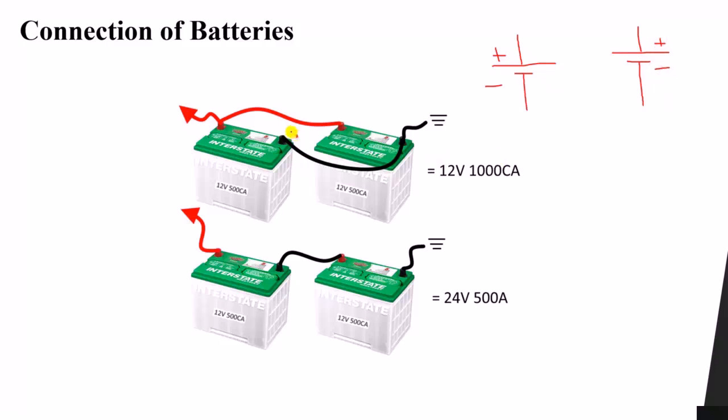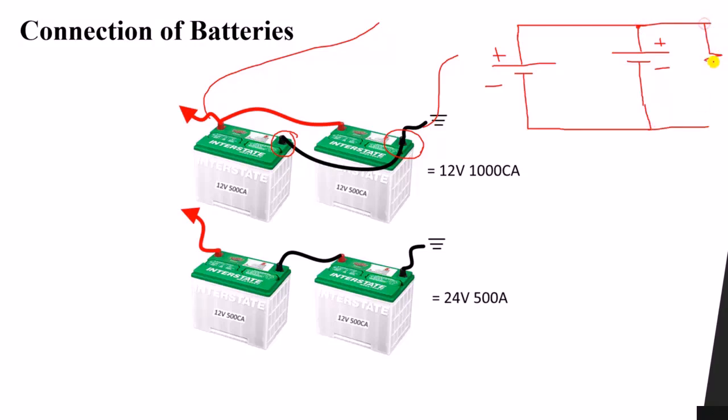The negative terminal is connected with the negative terminal, and the positive terminal is connected with the other positive terminal. Then the final output terminals will be connected to any load, for example a resistance.